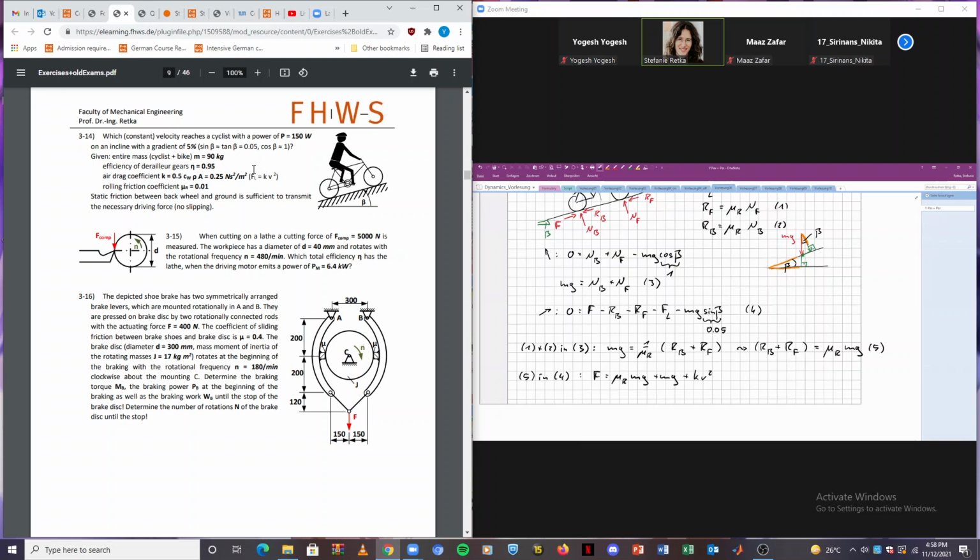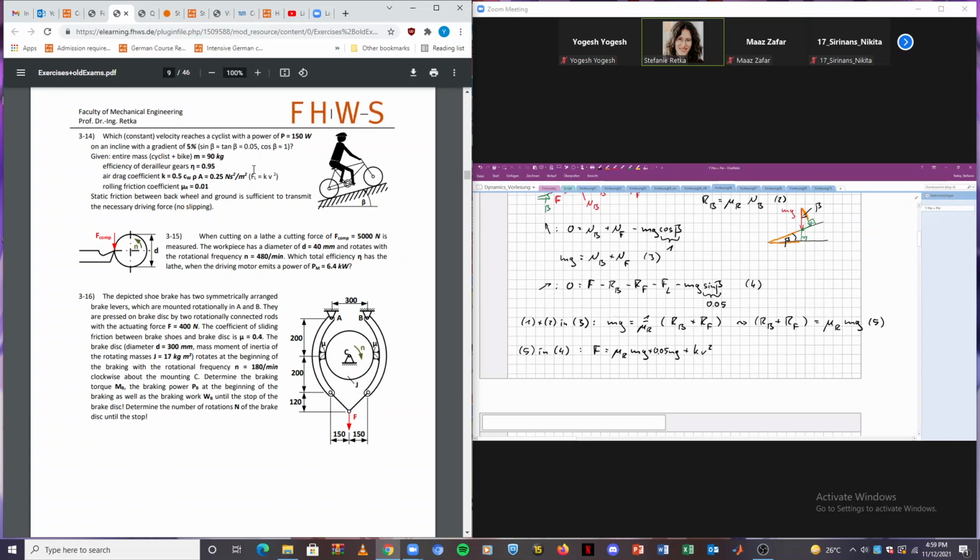Sorry, I missed the 0.05. Okay, mu r is given with 0.01. And then we obtain 0.06 mg plus k v squared.